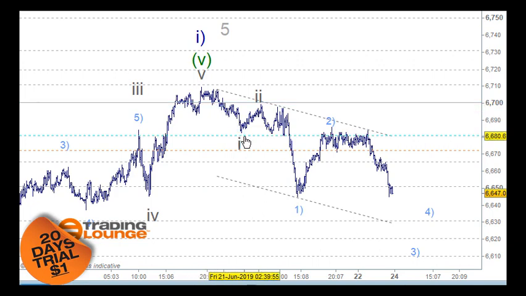I'm not quite sure if this is an A, B and C wave for the wave 2 sitting over onto this leg here. Then I was looking at this as a wave 1 of the next degree smaller. I suppose we could look at it as wave 1, 2, 3 and 4 here, but wave 4 has moved up too high in relation to wave 1, so it would count better this way.